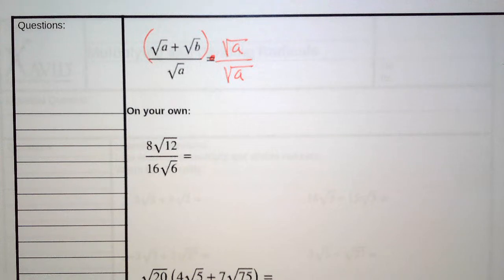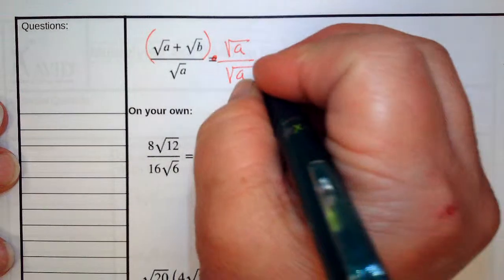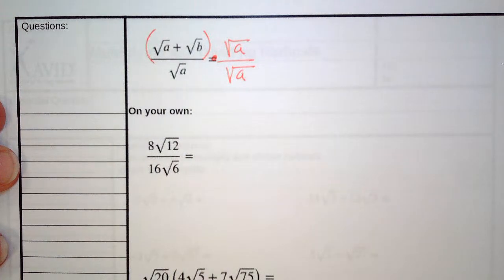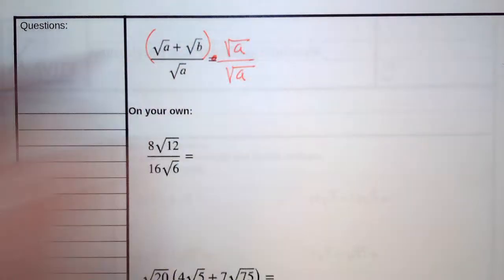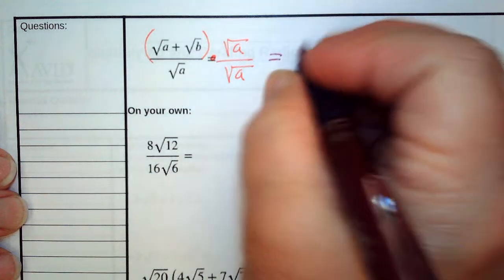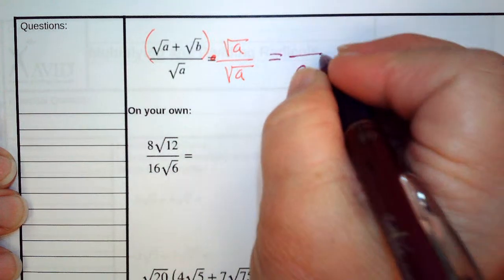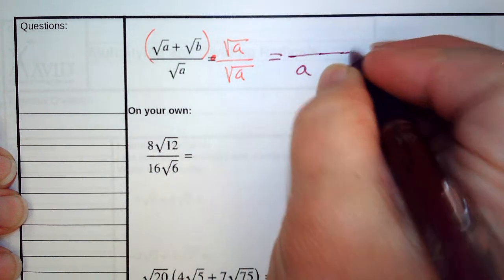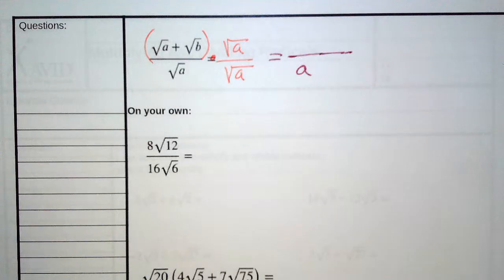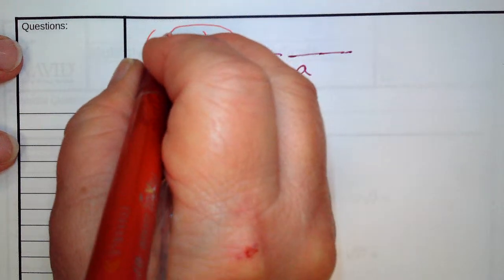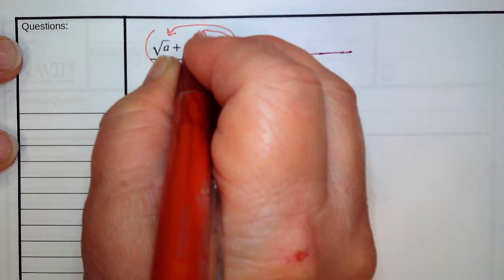I have to distribute the square root of a. So I'm going to have a on the bottom, but I'm going to distribute to both of these.